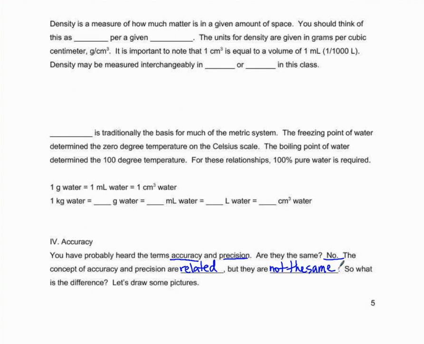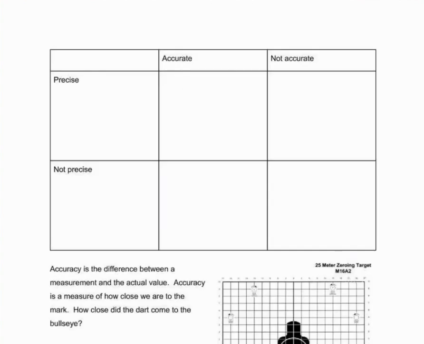To see the difference, we are going to draw some pictures. So we'll go to the next page, and I have a table here. We're going to draw some targets. I'm not the best artist, but I'm going to give this a try.